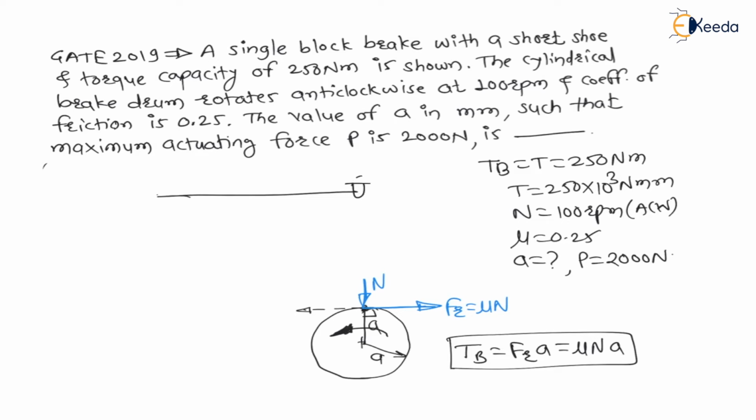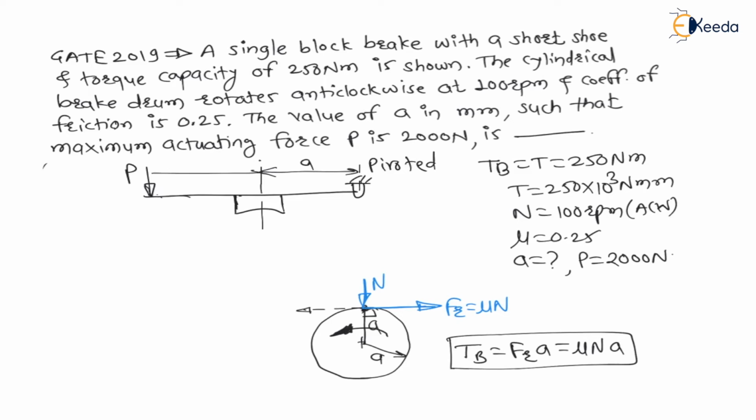Here it is pivoted, right? Now there is a brake shoe, like this. There is a brake shoe, and there is also an actuating force P, which is acting in the downward direction. Now distances are given. This distance is A. This distance is A.